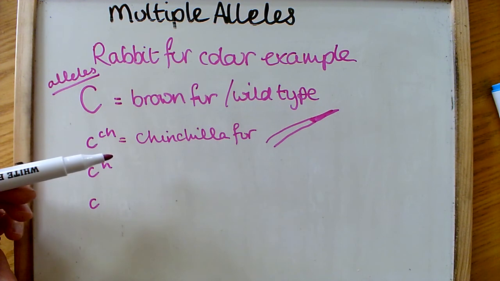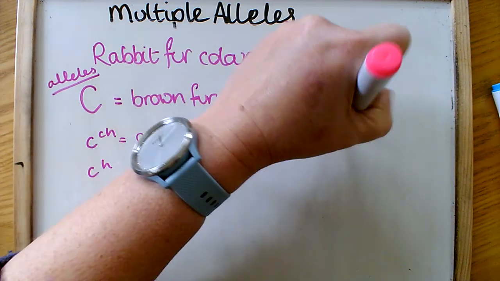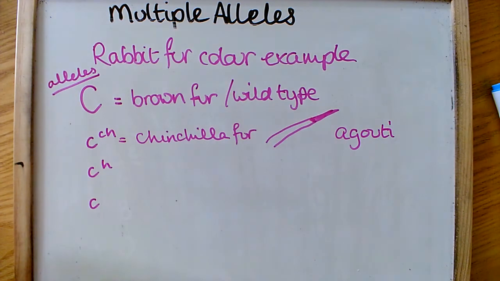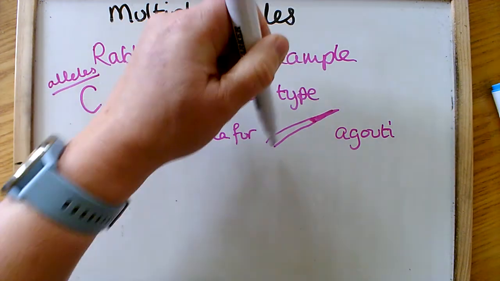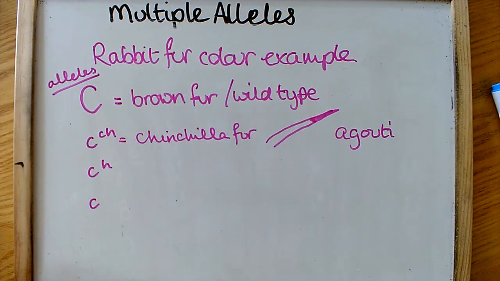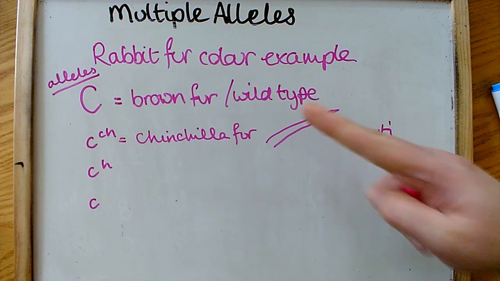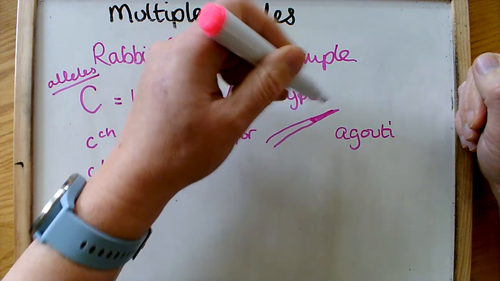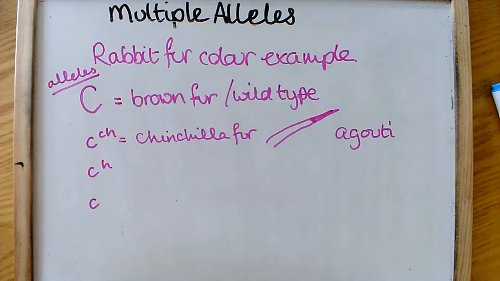It gets called chinchilla. In mice, you get something similar called agouti, which if you Google that and have a little look at it, is a similar sort of thing going on. It's basically like ombre hair, but naturally. So it changes colour from the base to the tip. So if you snipped off a patch of fur here, then what you would see is a different colour in that patch, because you'd see the colour underneath, not the colour at the tip.